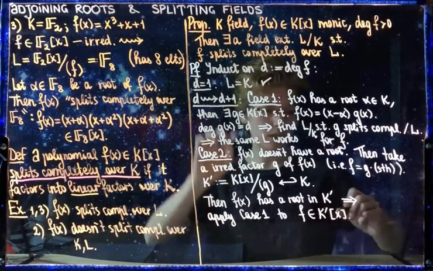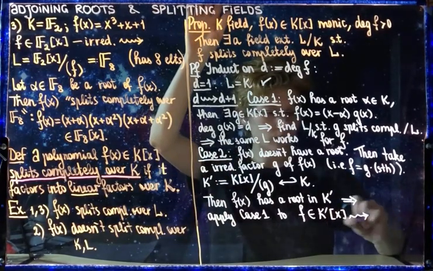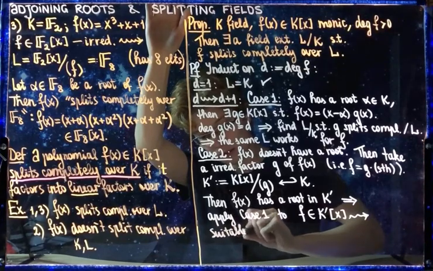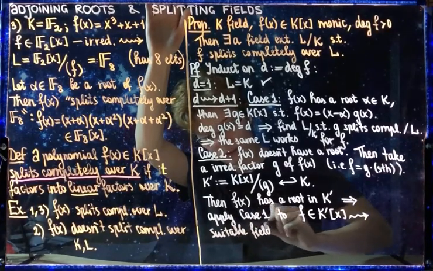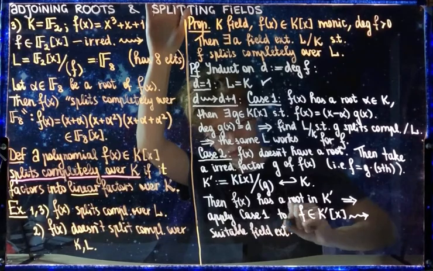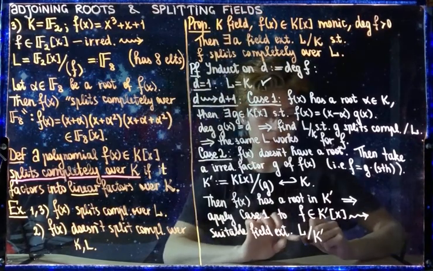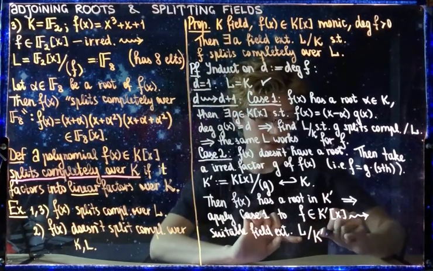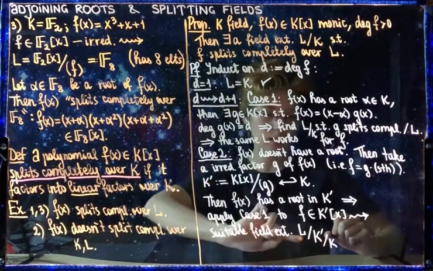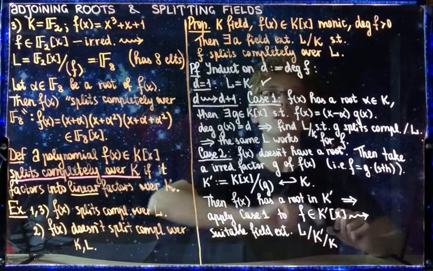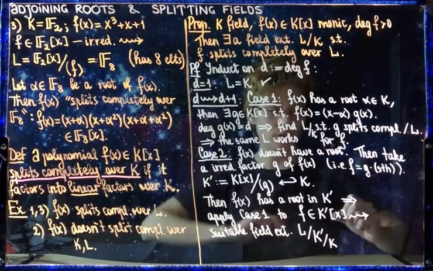And then we get a field extension L over k prime, where f splits completely over L, and k prime is an extension of k, so L is an extension of k, where f splits completely.